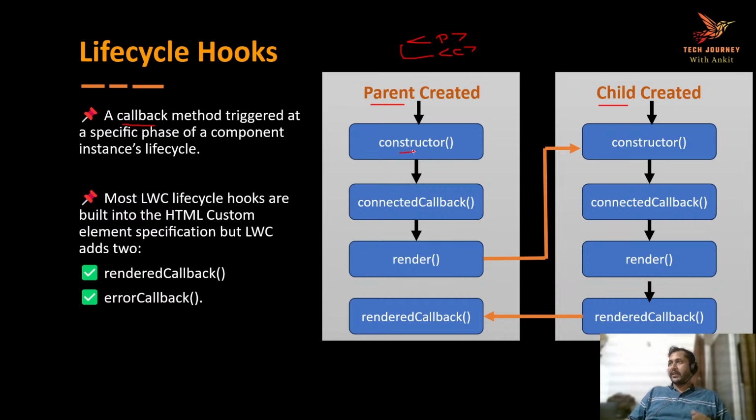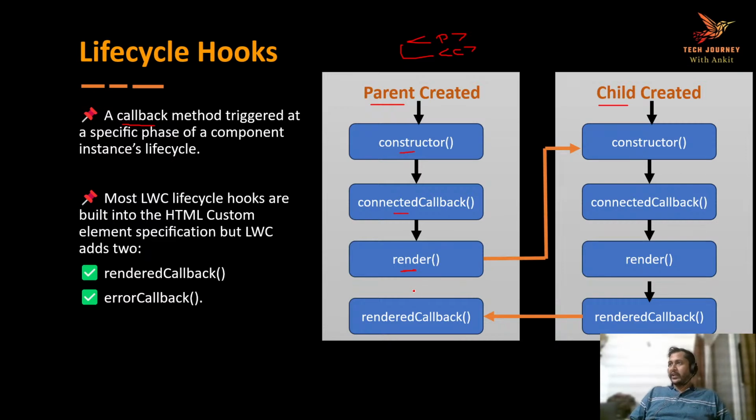Again, these are the different lifecycle methods that we will discuss down the line in detail, but from this I want you to just understand the high-level flow. First, the constructor will be invoked. After that, connectedCallback will be invoked. After that, in case your component has a render method, then that render method will be invoked. After invoking the render method, the control will immediately transfer to the child component.